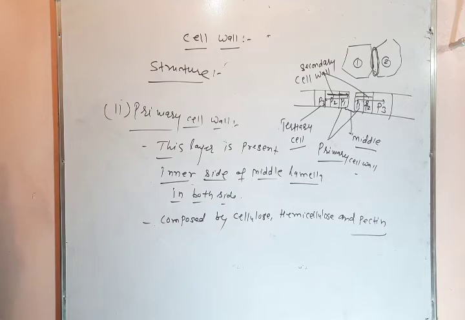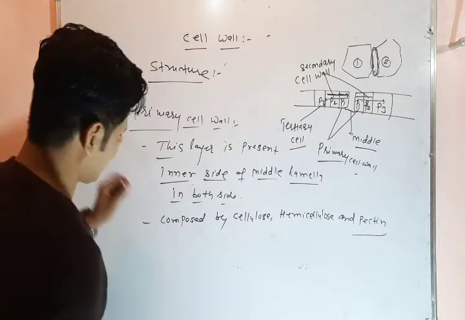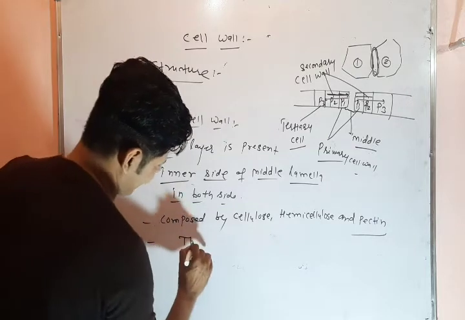Okay, you got it. The primary cell wall is present on either side of the inner side of the middle lamella and composed of cellulose, hemicellulose and pectin. And the primary cell wall is a thin and elastic structure.